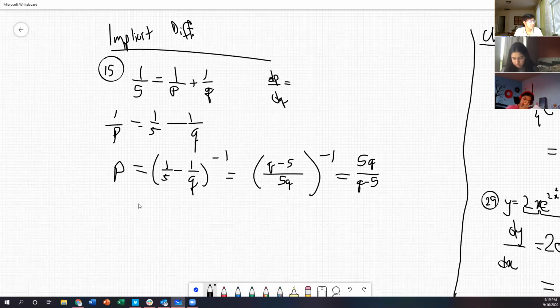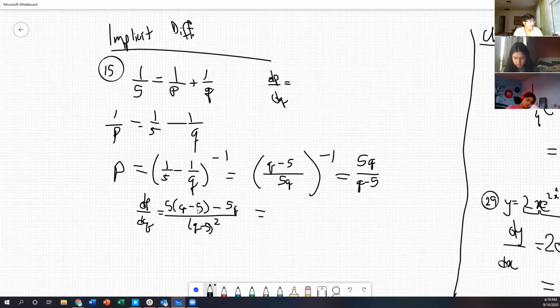So then I get dp/dq equal to, actually, let's just use the quotient rule here. Low d high: low, (q minus 5), times d high, which is 5, minus high, 5q, times d low, the derivative of the bottom, which is just 1, over low squared, so that's (q minus 5) squared.